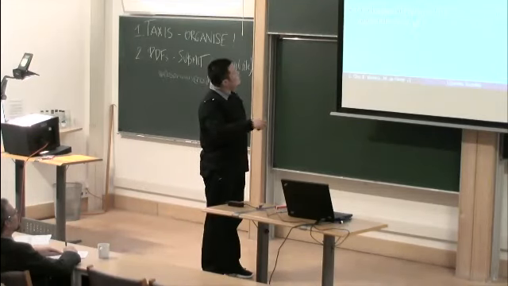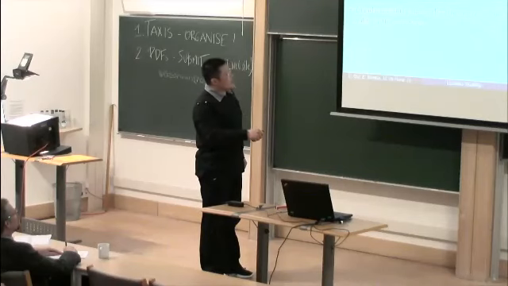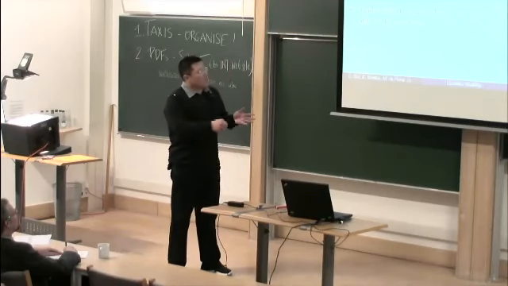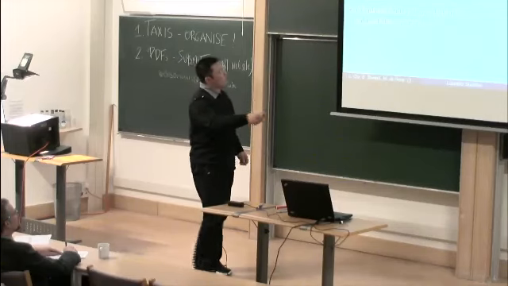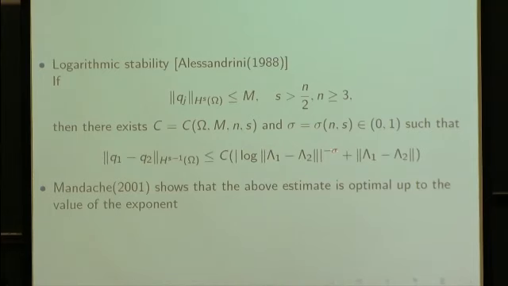And the bad truth is that in 2001, Mandache showed that the above estimate is optimal up to the value of this exponent sigma here. So that's the best we can get. So what can we do here?